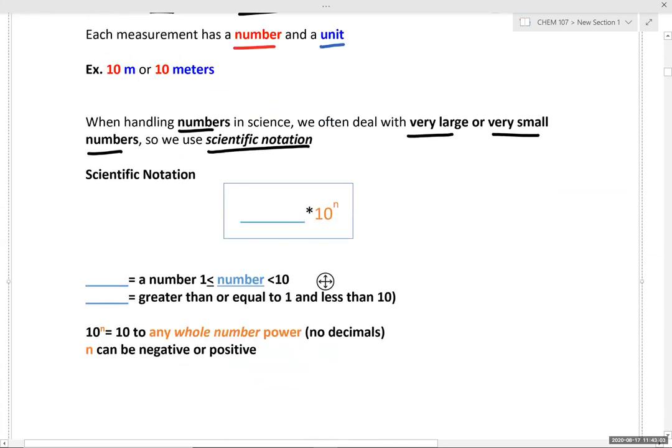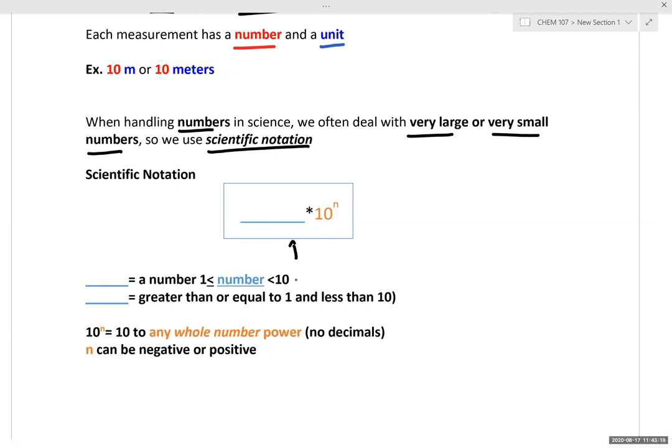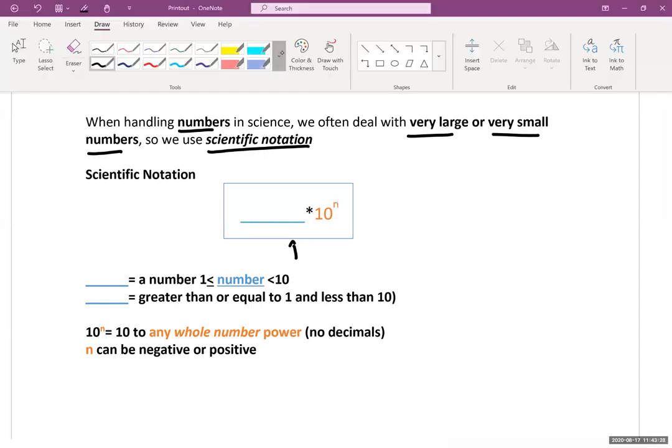Now, scientific notation is of the form blank times 10 to the n, where this number that you fill into the blank is a number that is greater than or equal to 1 and less than 10. Now, after this blank, we have times 10 to the n. n can be any whole number power.